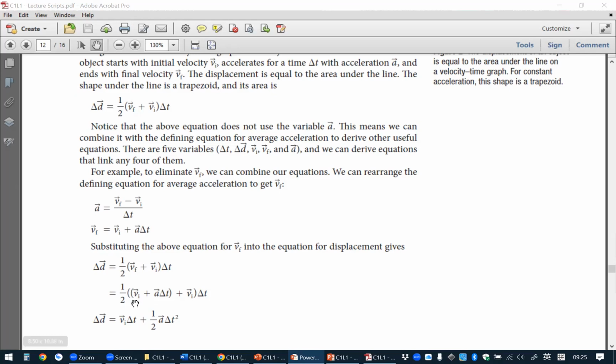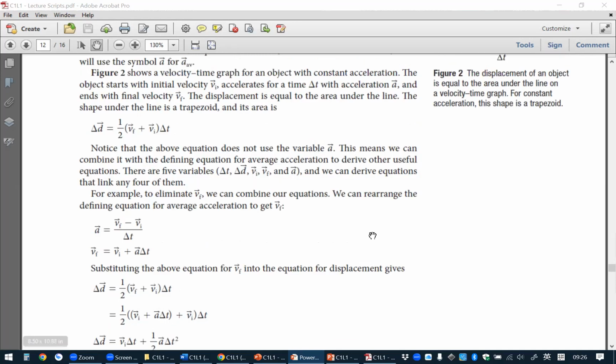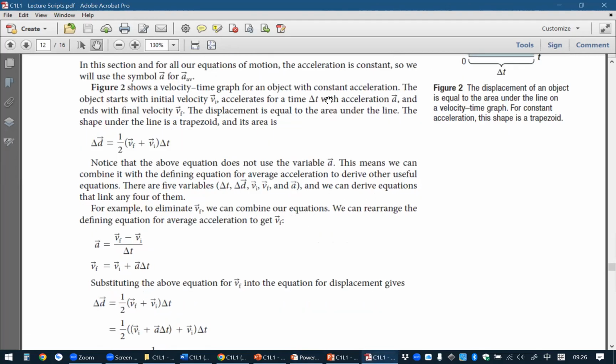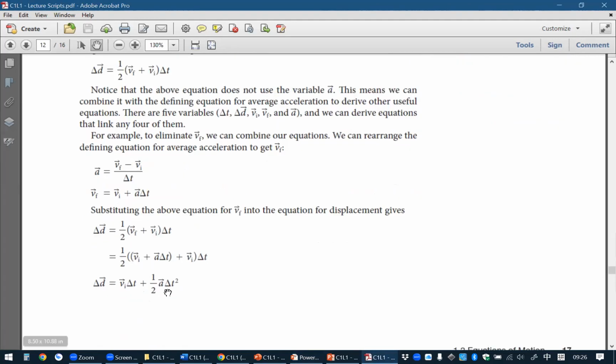And simplify this equation, you can get displacement delta d equals initial velocity Vi times delta t plus 1/2 of a times delta t squared. So this is the displacement formula for constant acceleration in one-dimensional motion.